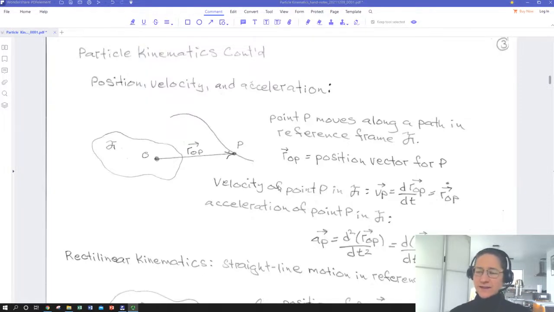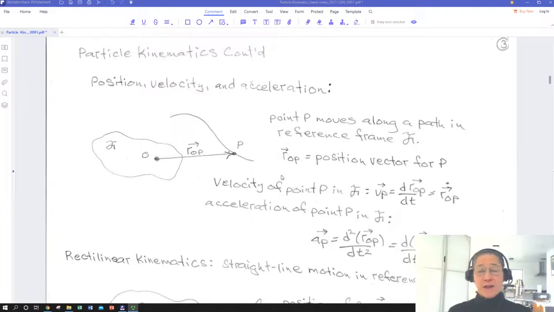Okay, what's the velocity of point P with respect to reference frame script F? Well, I can define that as simply the time derivative of the position of point P with respect to O, because O is in reference frame F. So great. I will define velocity of point P, which is a vector, as the time derivative of the position of point P. What's the position?